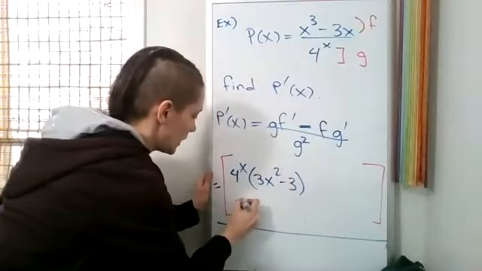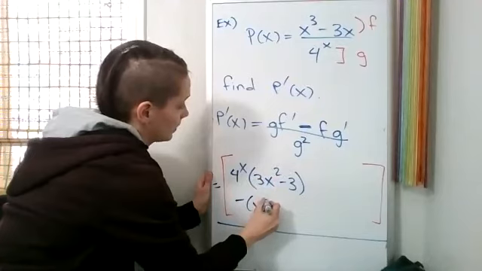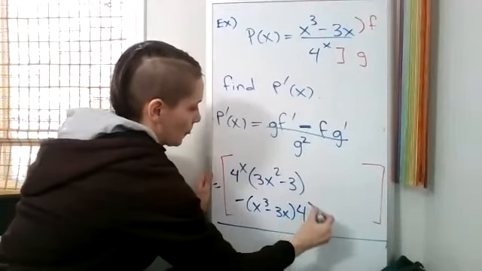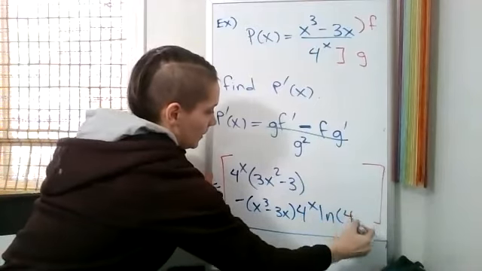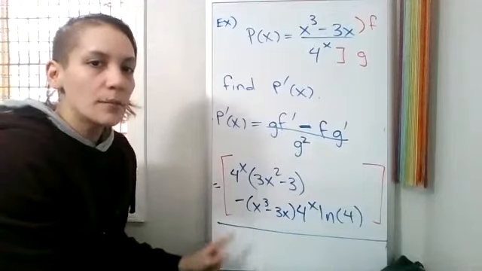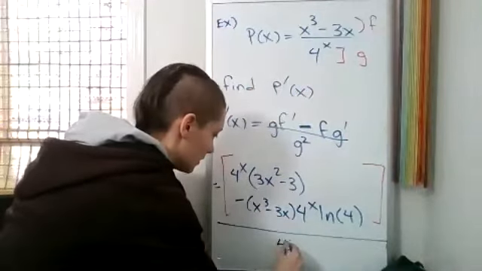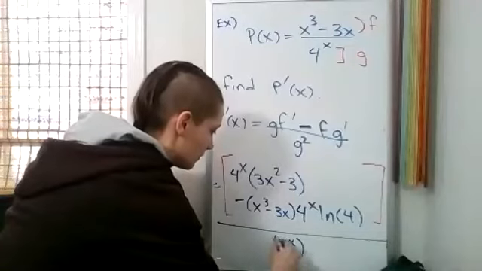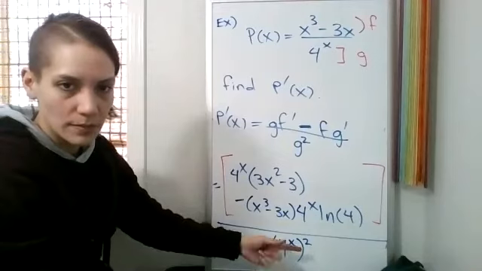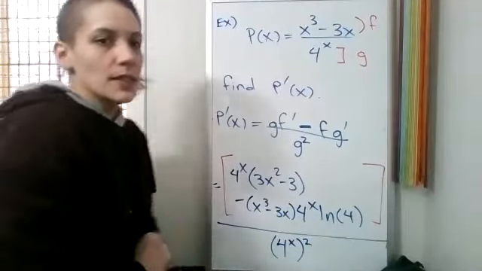Subtract f times g prime, and then divide all of that numerator by 4 to the x squared, which in this case you could write as 4 to the 2x. I'm just going to leave it there though.